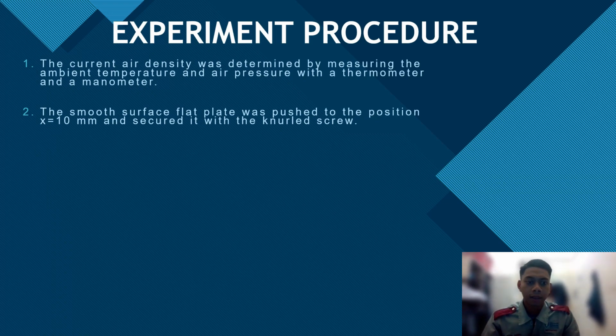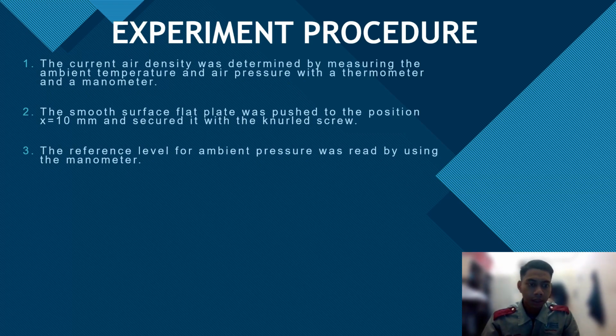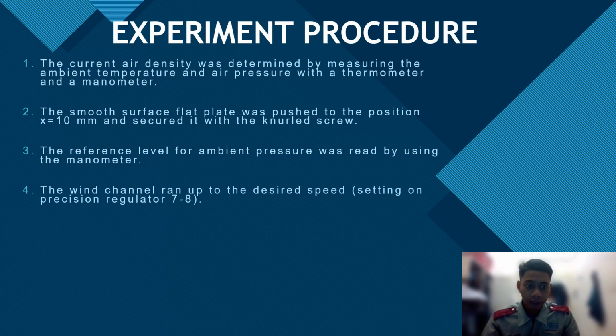Second, the smooth surface flat plate was pushed to the position S equal to 10 mm and secured with the knurled screw. Third, the reference level for ambient pressure was read by using the manometer. And fourth, the channel was run up to the desired speed.